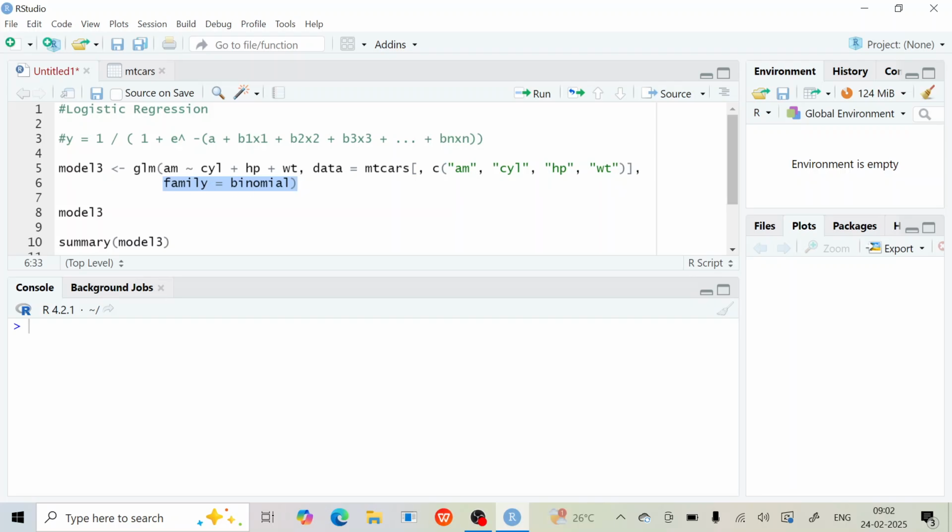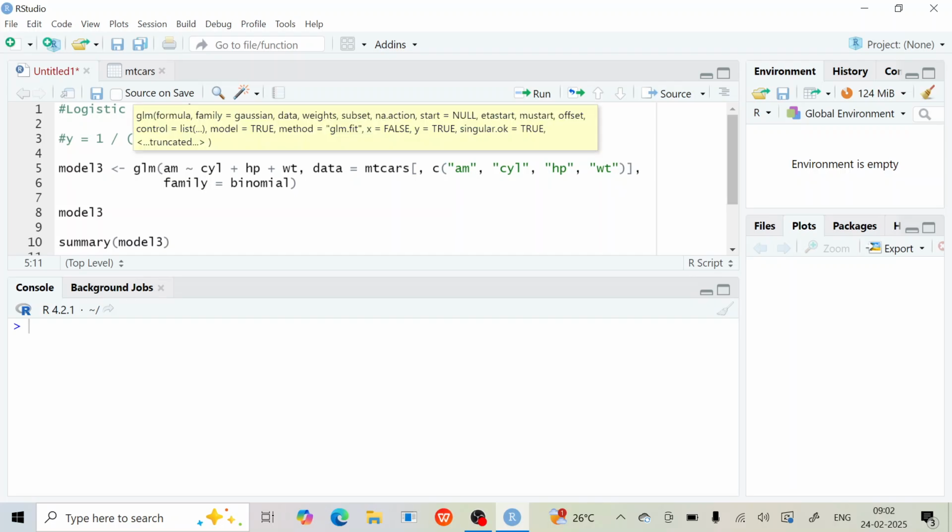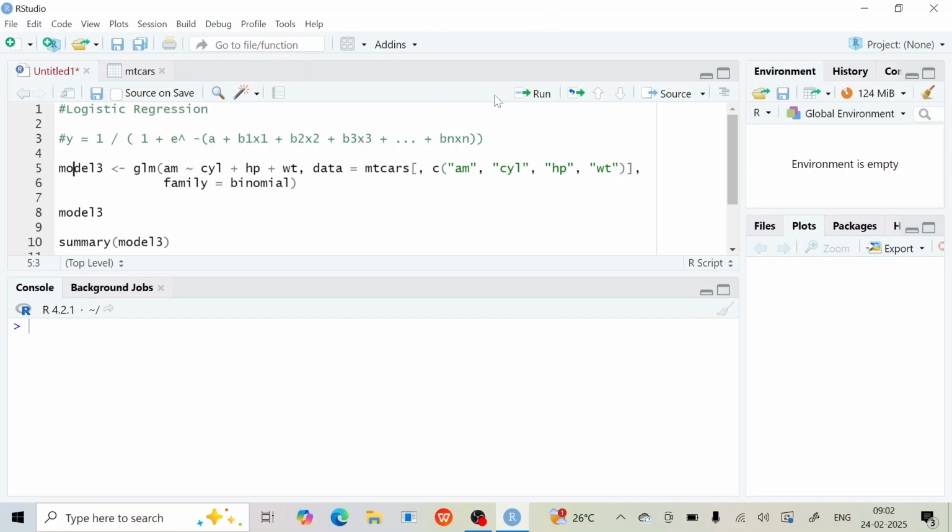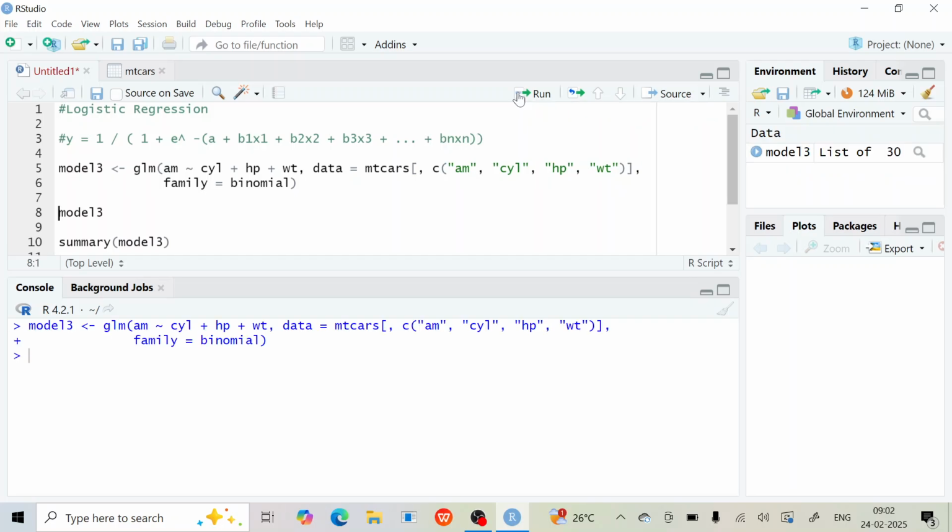So for logistic regression we are using the model GLM. Let me run this syntax. So model 3 is built for the logistic regression.